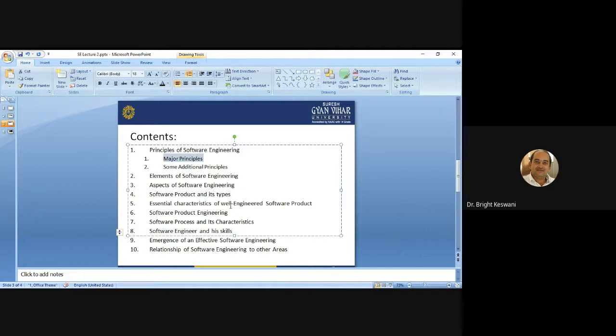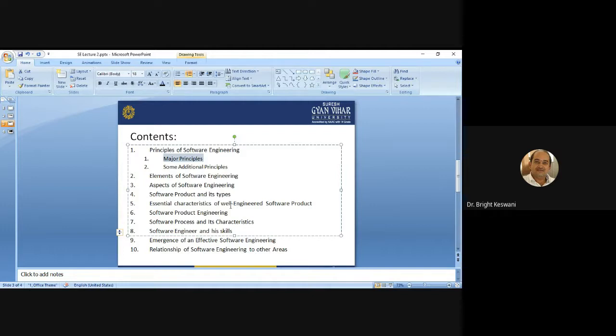Give products to customers early is the third principle. Determine the problem before writing requirements is the fourth principle. The fifth principle is evaluate design alternatives. If you have several design options, you have to evaluate and choose the appropriate design alternative among all available alternatives.